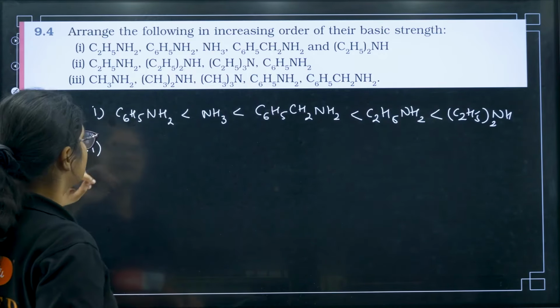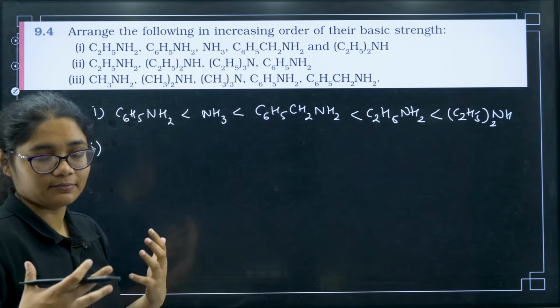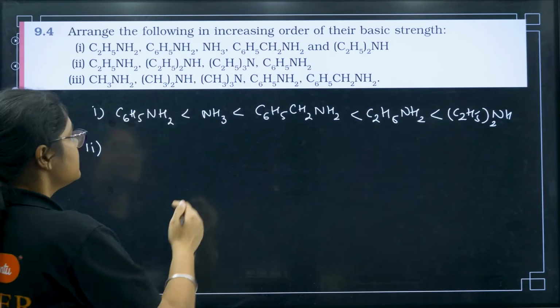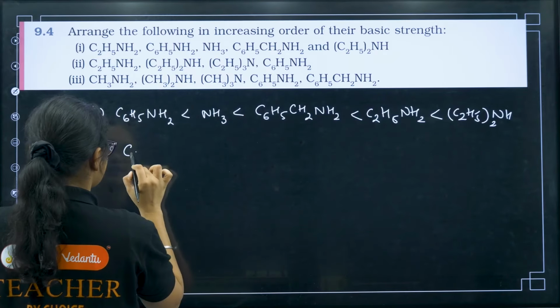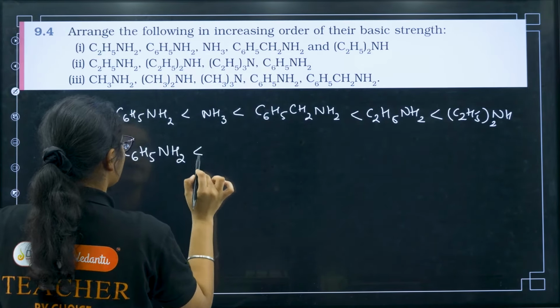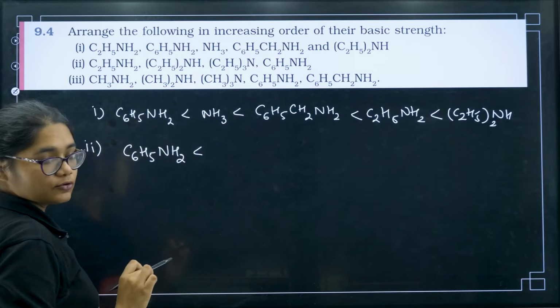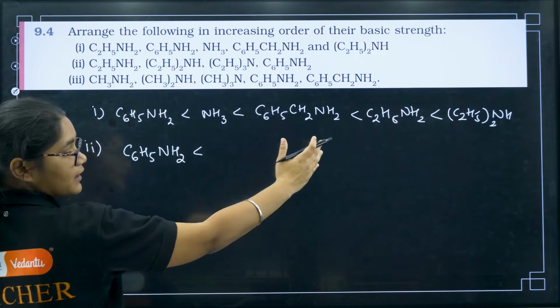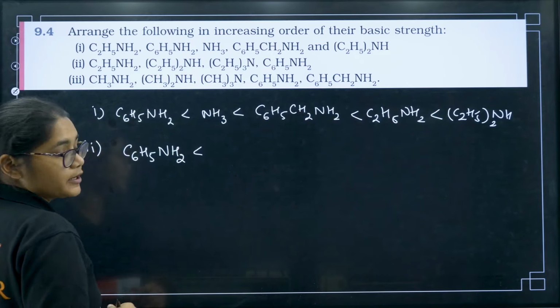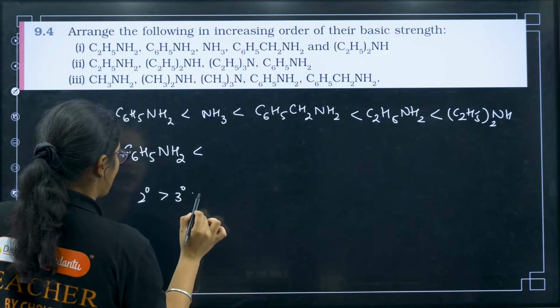Next, when you see these ethyl groups, that is for the aqueous medium. So again we have C6H5NH2, it will be the least one, obviously. Then we have 2 degree, 1 degree and 3 degree. So we know the order for the ethyl group is 2 degree, 3 degree and 1 degree.